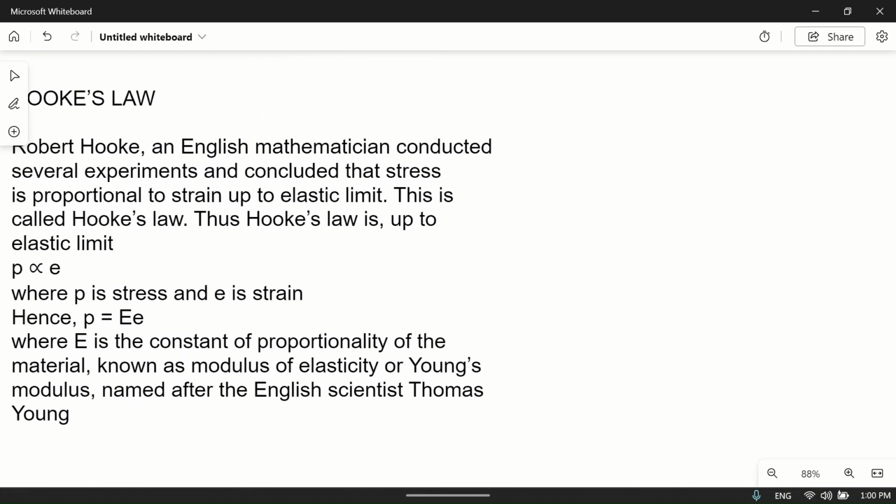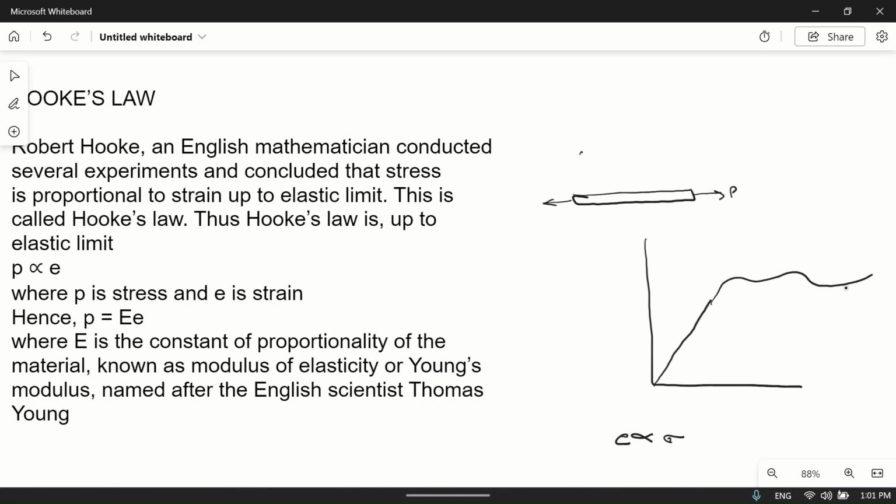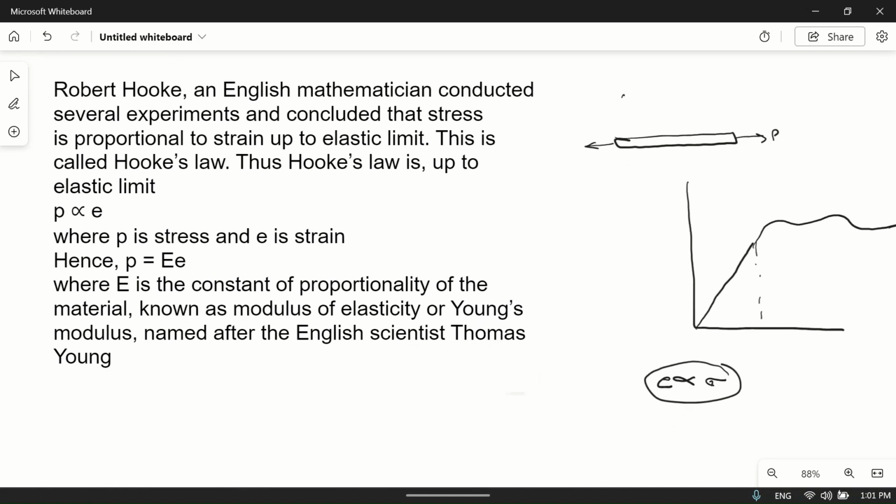As you may know, when you apply stress on a material and draw a stress-strain curve, then up to a certain limit the strain will be proportional to stress, but after that the material will start to deform, it will not follow this rule, and it will break like this. So the limit up to which strain is proportional to stress is covered by Hooke's law.